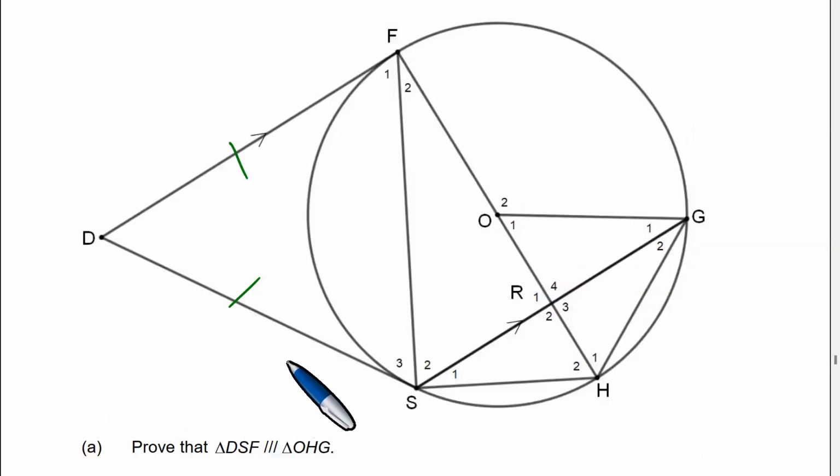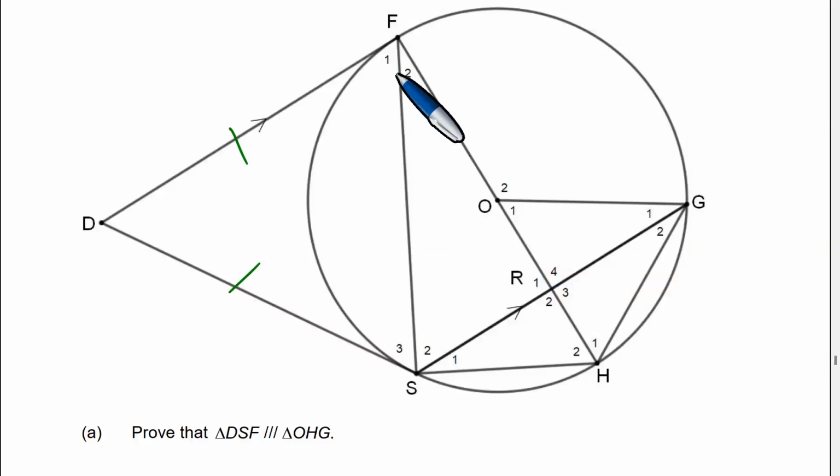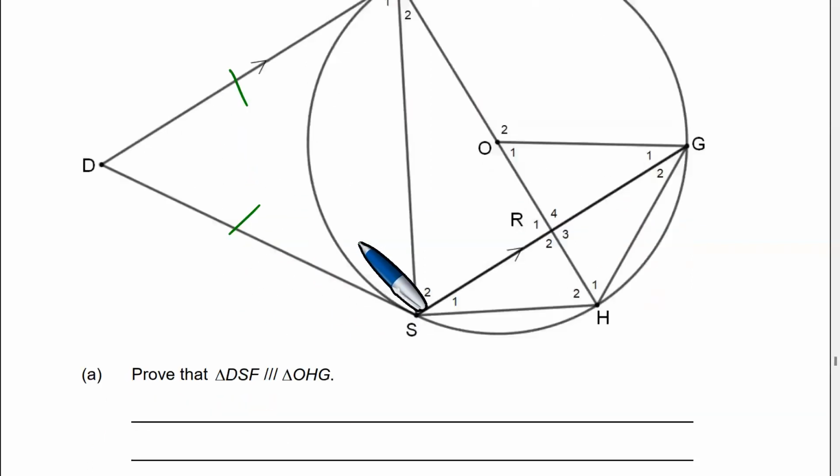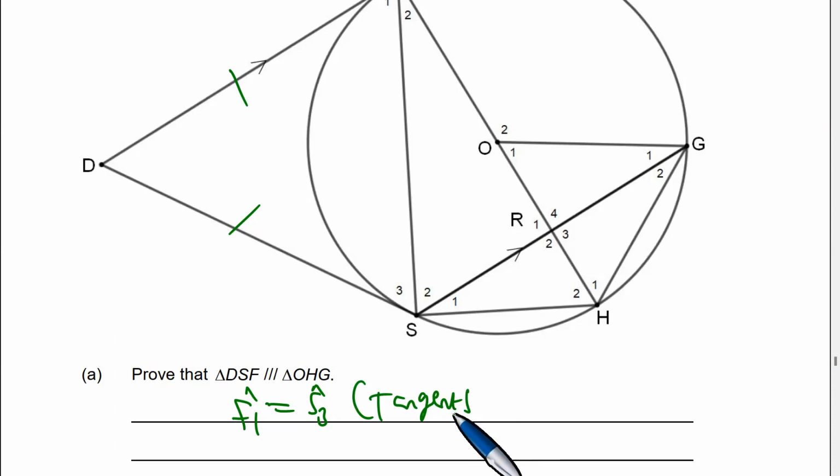We're going to realize that angle F1 is equal to angle S3, because these are base angles of the isosceles triangle, tangents from a common point.